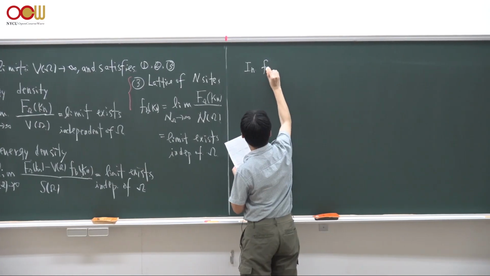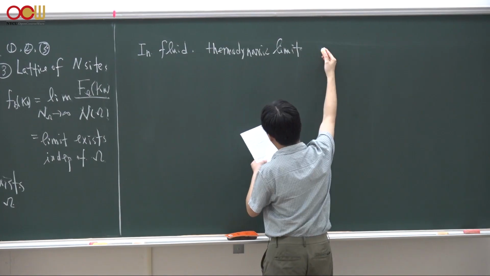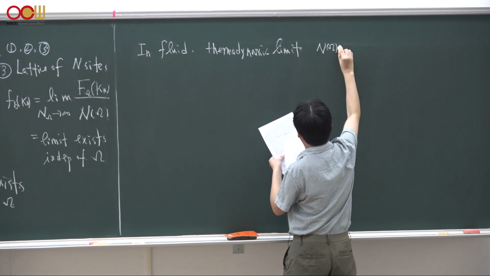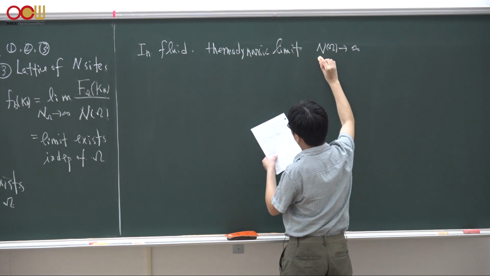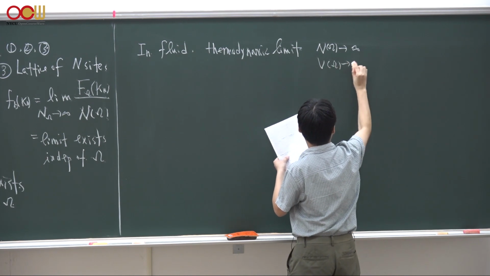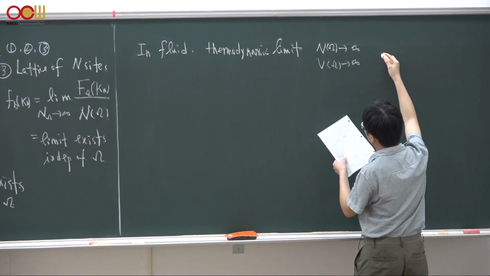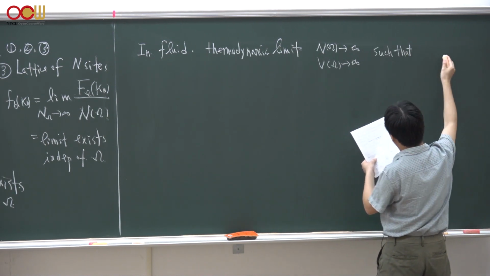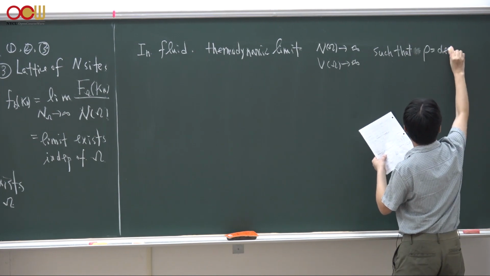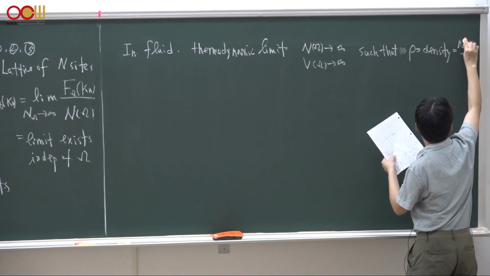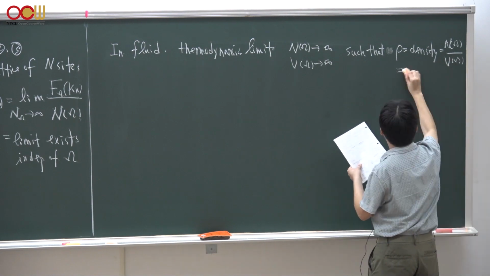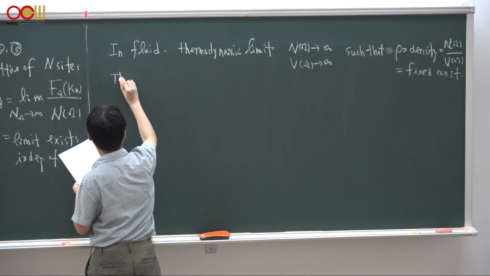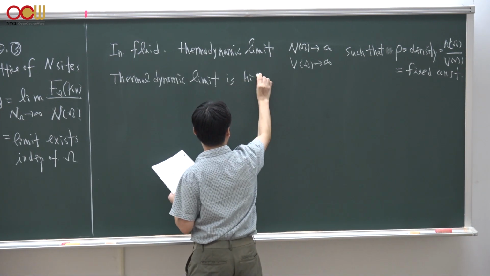So in fluids, the thermodynamic limit often comes with a constraint, because in fluids you could imagine that both the particle number and your volume go to infinity in that limit, but you have a finite fixed density of your fluid, which is the number of particles divided by volume, a fixed constant. And the thermodynamic limit is highly non-trivial.